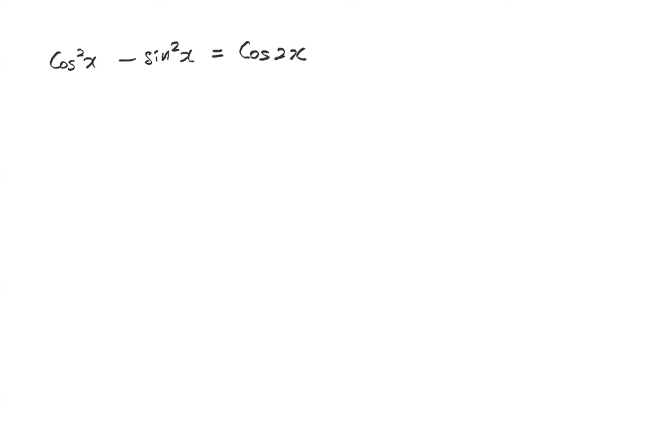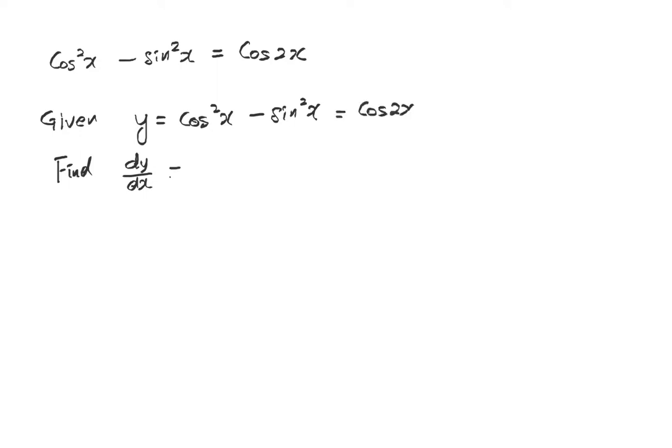So if I ask you, for example, given y equal to cos square x minus sin square x, find dy dx. So if I don't simplify, then I have to use chain rule. Am I right? So now I replace this with cos 2x. So I don't have to use chain rule to differentiate this anymore.